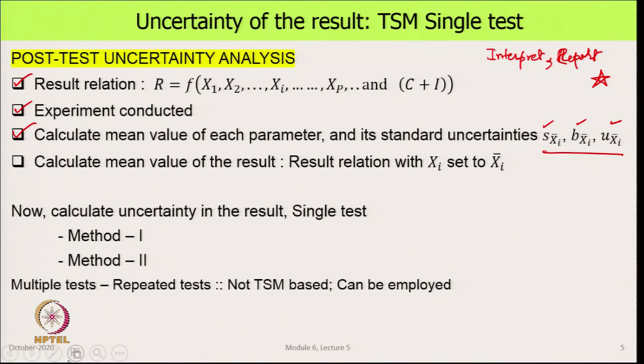And then we calculate the mean value of the result by using the result relation and setting xi equal to xi bar. So, that is done. We have all this data from the experiment because we are in the post test phase. And then we can use either method 1 or method 2, whichever way we want, and estimate the uncertainty in the result.